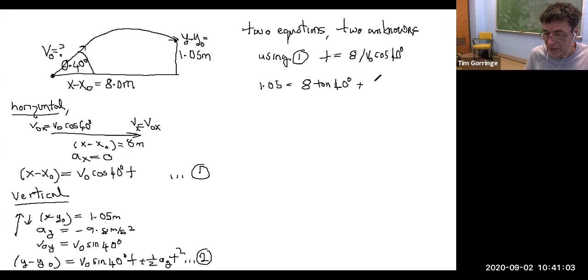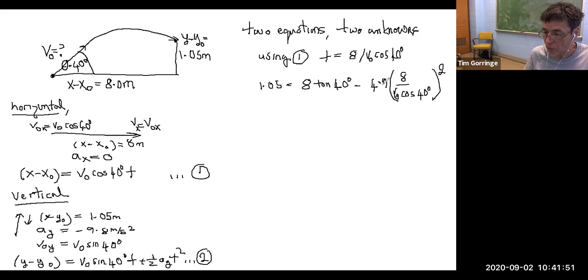And then I've got a second piece, 1/2 times the acceleration times the square of the time. So for that case, if I substitute in this expression for the time, I'm going to get the following expression.